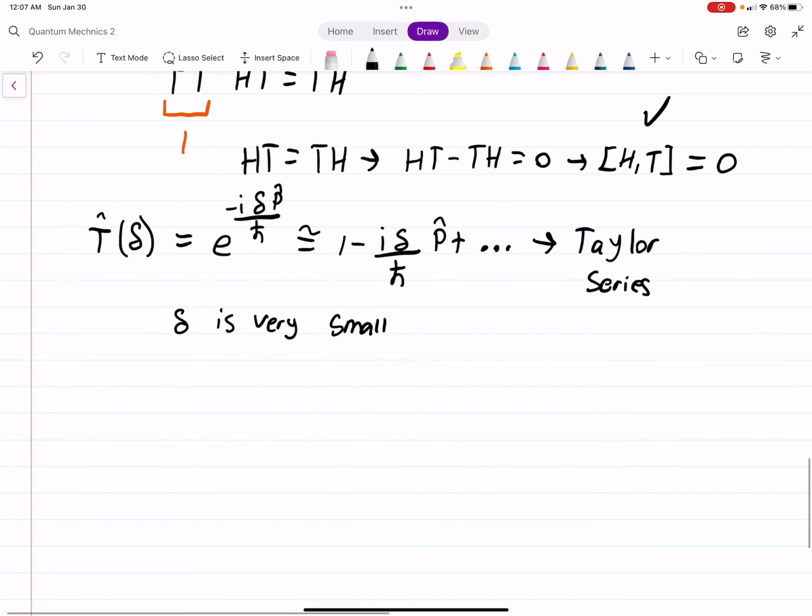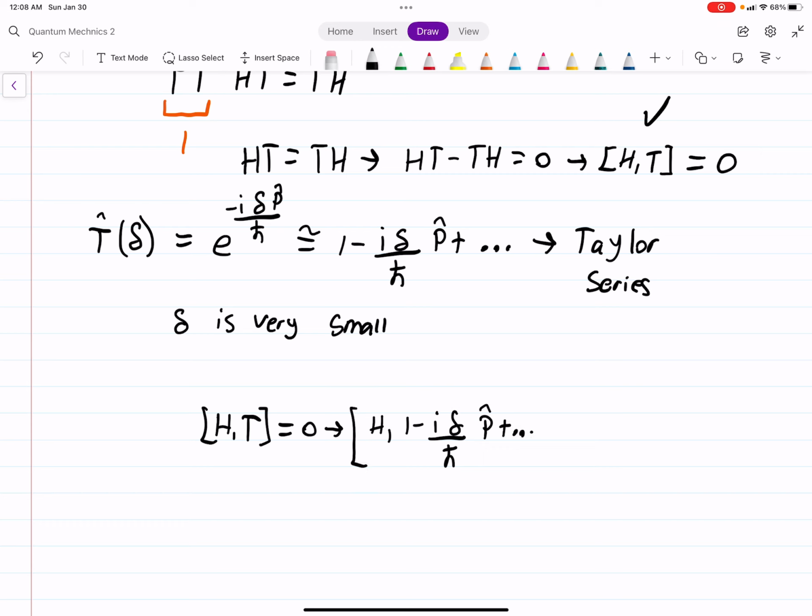Well, we just showed that the Hamiltonian and translation operator commute. But because of how we expanded it, we can replace a translation operator with this Taylor series expansion. And the Hamiltonian surely commutes with 1.